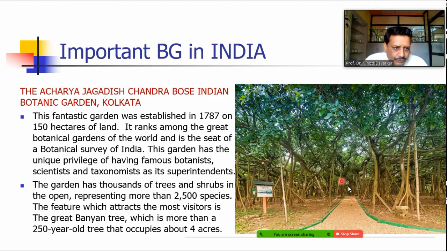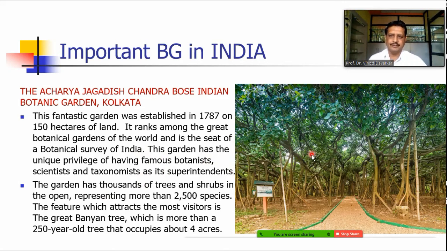These are the air roots, we can say, which propelled down and touch the ground. Such a great banyan tree is observed in this Acharya Jagdish Chandra Bose Indian Botanical Garden situated at Kolkata. This garden has the unique privilege of having famous botanists, scientists and taxonomists as superintendents.